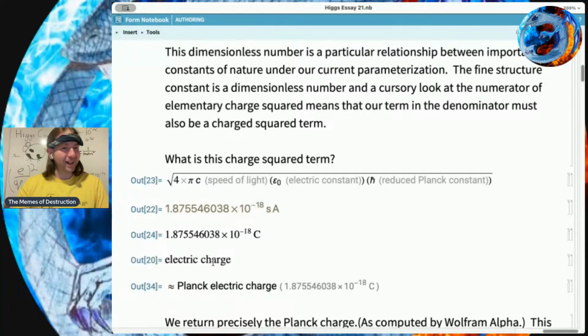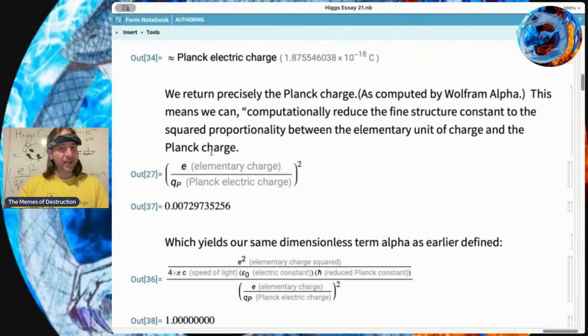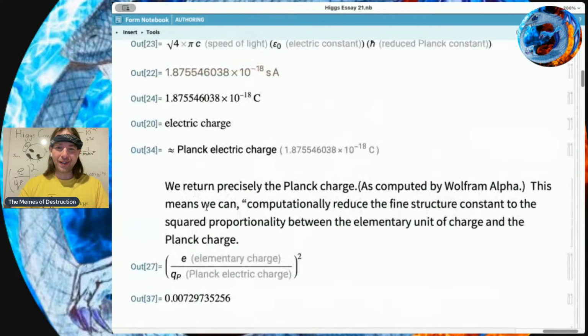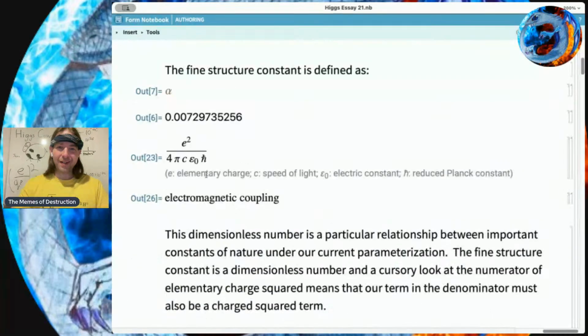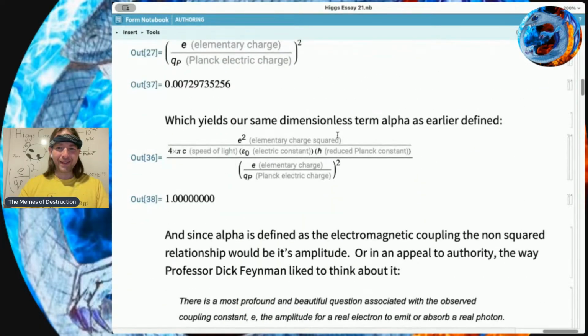Oh, look, it's the Planck electric charge. So that means we can computationally reduce the fine structure constant to elementary charge over Planck charge, square the whole thing. Oh, look, this number and that number are the same. Basically, we take our original first expression, divide it by the second expression, and oh, look, they appear to be computationally equivalent.